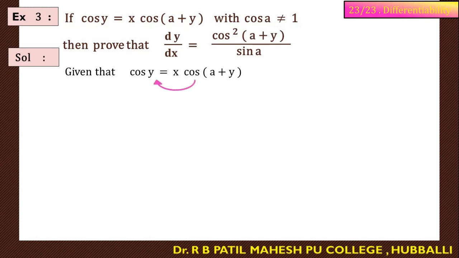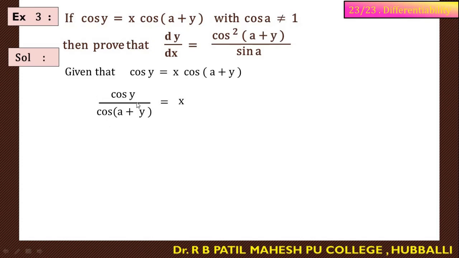Therefore cos y divided by cos of a plus y is equal to x. Now here we got a function x in terms of the y variable. Understood? Now x is equal to cos y divided by cos of a plus y, which means x is a function and this function's variable is y.